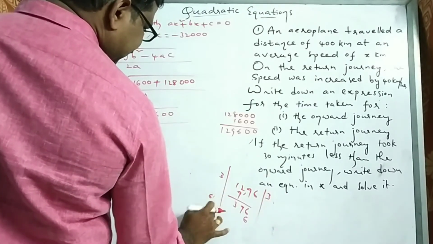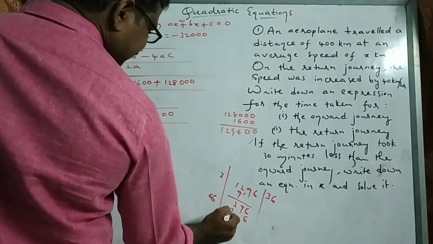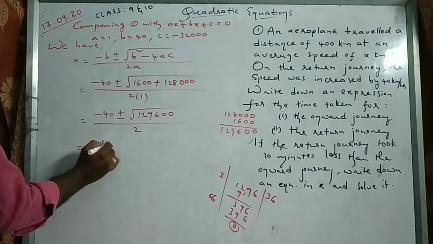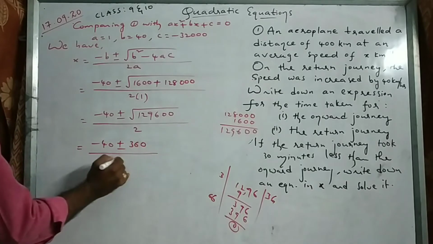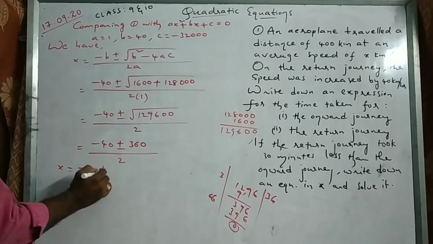So I think it is 6. 6 6s are 36, right. Correct. So 360.